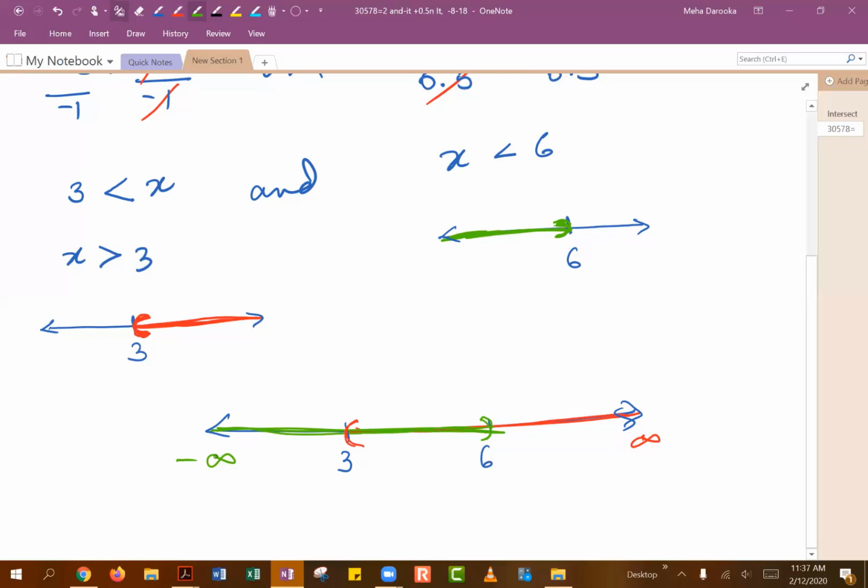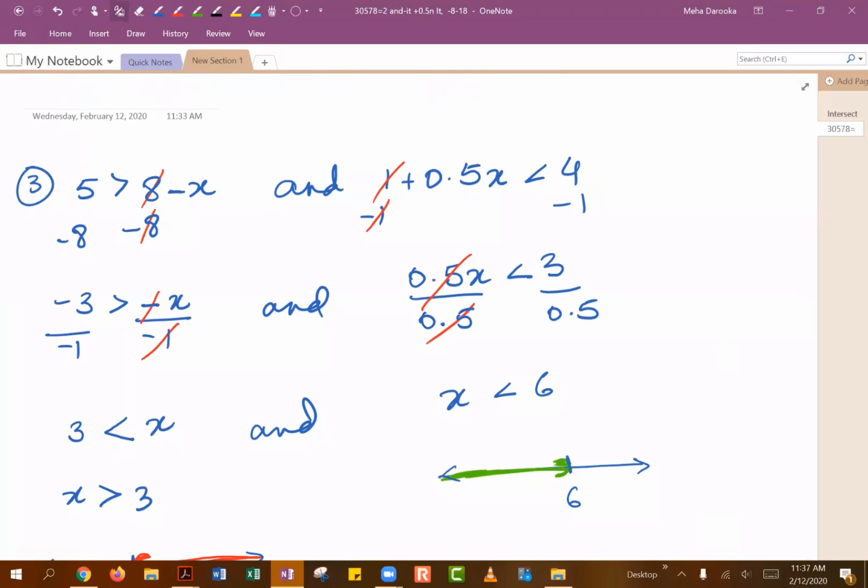And in a compound inequality, and represents intersection. Okay, so when they give you an and inequality, they are basically saying only the parts that are common between the two answers we got is what you're going to be including as part of your solution set.